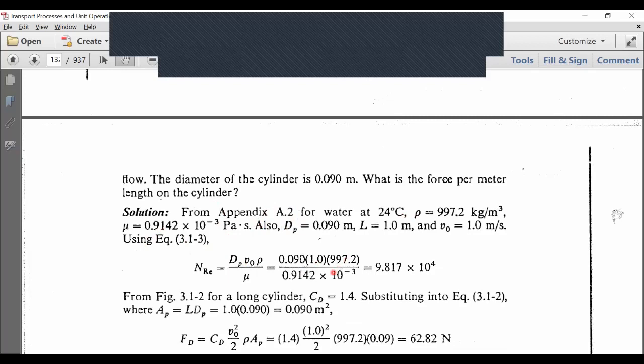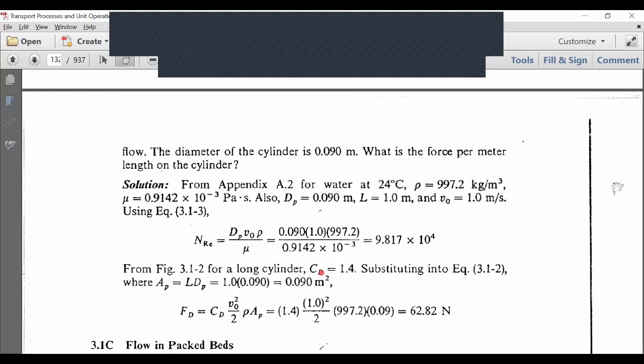So we found that the Reynolds number is 9.817 times 10 to the power of 4. Now, based on figure 3.12, for a long cylinder, we found that the CD is 0.4. Then we put the CD here, the V0, which is 1, and the density from appendix A2.